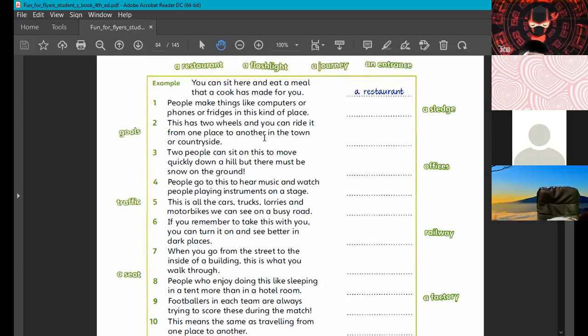And number 10, this means the same as traveling from one place to another. So write your answers down and send them in one message. Send all 10 answers in one message so I can see all of your answers together.